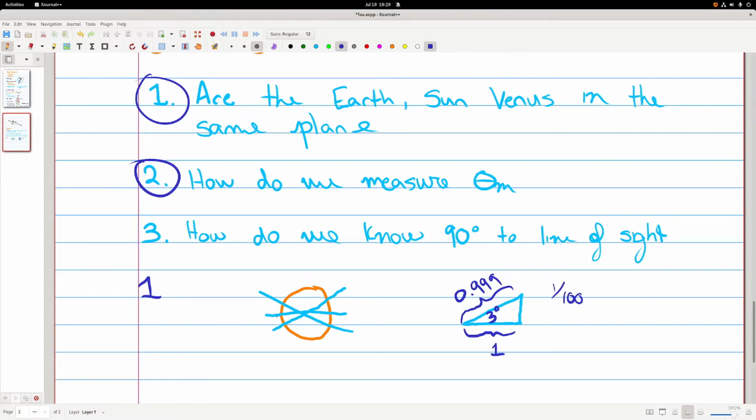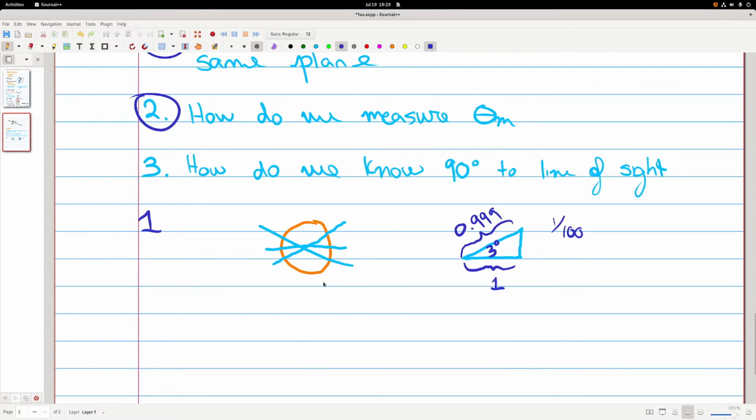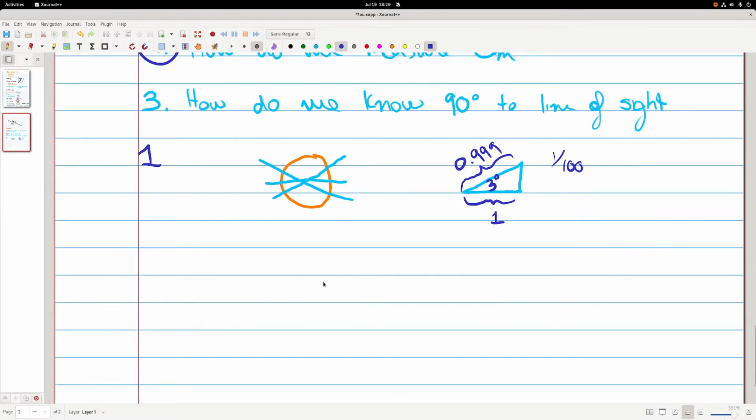So number 2, how do we measure theta m? This is a nice one. You're going to have the sun in the sky here, and when we look out at the sky, you're going to be able to find Venus.